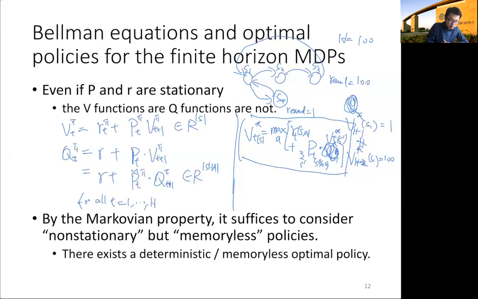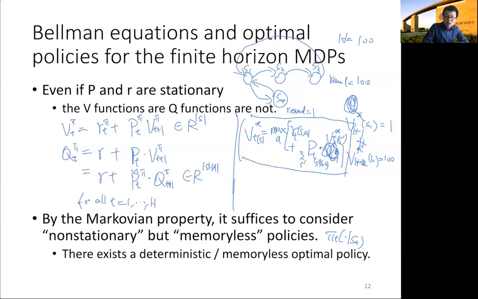The memoryless property is still the same for the finite horizon MDP. Due to the Markovian property, the state variable itself completely captures the distribution of what's going to happen in the future. Therefore, it suffices to consider policies pi t that only depend on the state that you observe at time t.